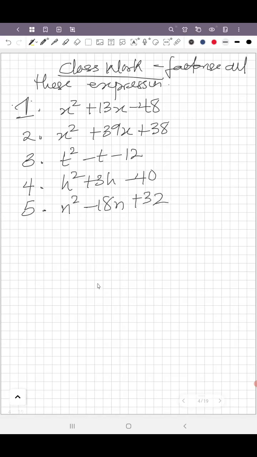So follow the same procedure to do this classwork.